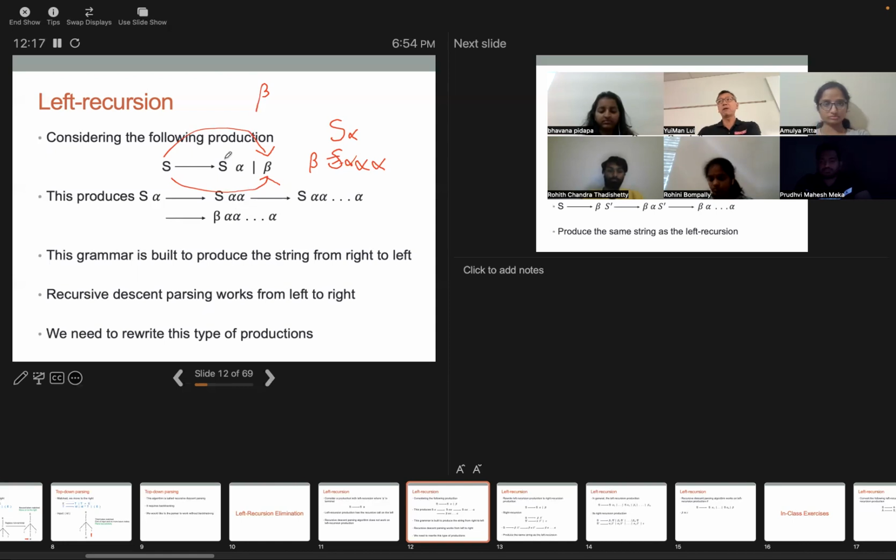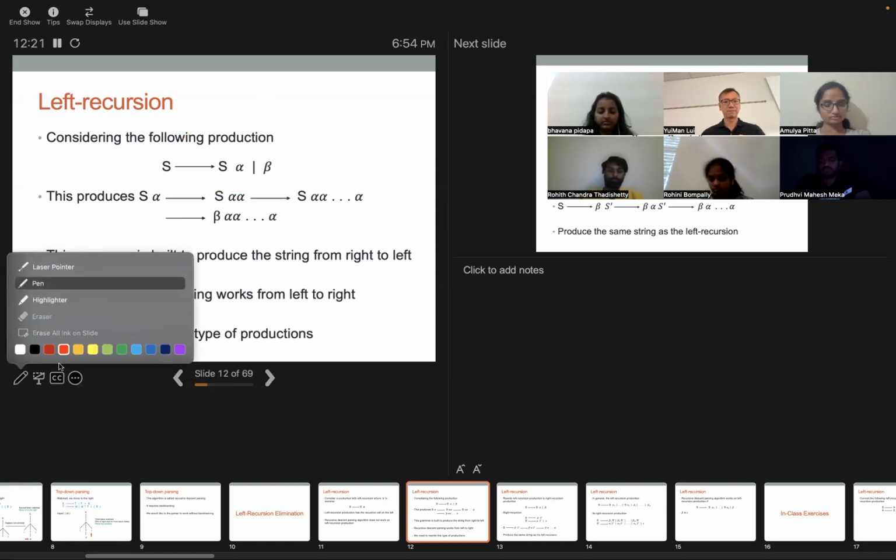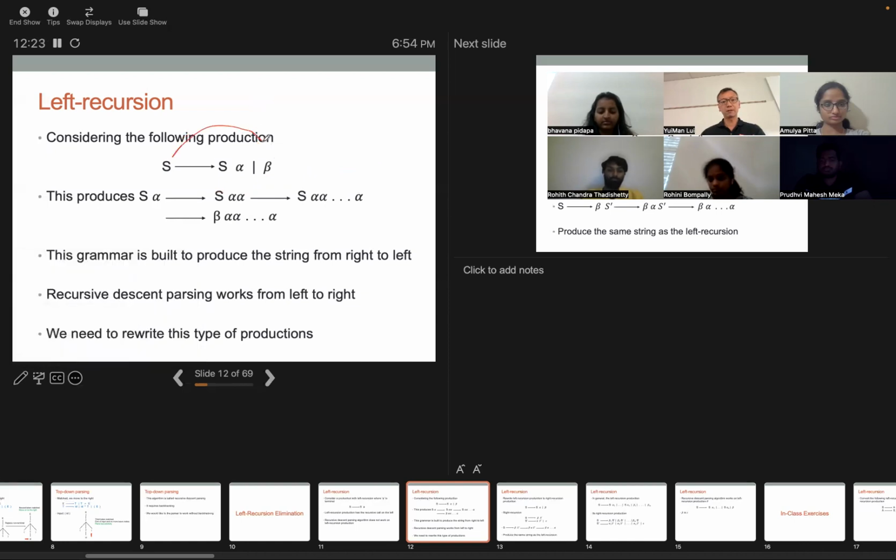So what does this grammar generate? Like I said, it could choose beta. It's only two possibilities. I can choose S alpha or I can choose beta. If I choose beta, that's 1 beta. Or I can choose S alpha.